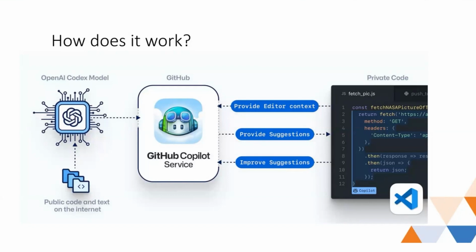If you want to fetch some pictures, you can write a function header and it will provide you the code. It fetches the suggestions from the OpenAI Codex model and transmits them to the code editor, and the code editor displays them. If you want more suggestions, you can remove that code and write another comment if you want to improve something, and it will provide improved suggestions. So this is how it works behind the scenes.